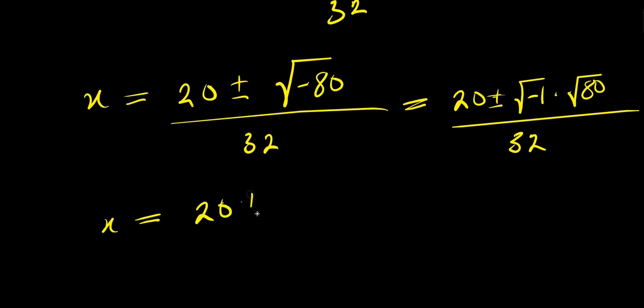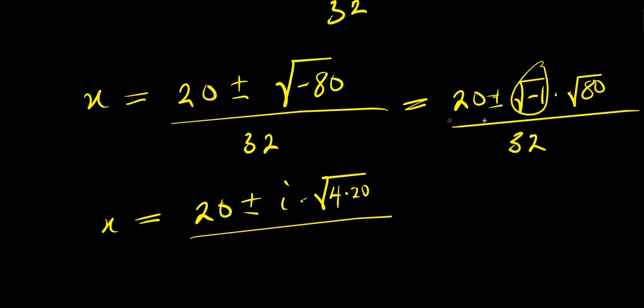This is 20 plus or minus square root of negative 1, here is i, times square root of 80. 80 is 4 times 20, or 8 times 10, or 40 times 2. Yes, 8 times 10.